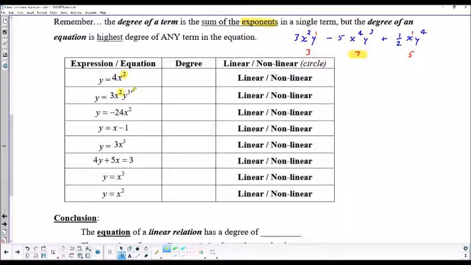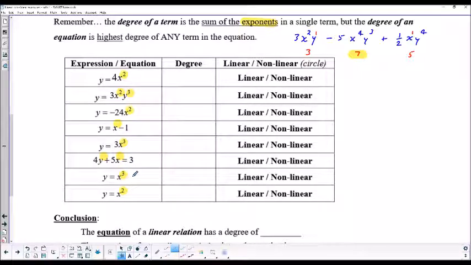Here we've got the exponents of 2 and 3 on x and y. Here's the exponent of 2. That exponent is 1. There's an exponent of 3. Here we see these exponents on variables are just 1. There's 3 and there's 2.